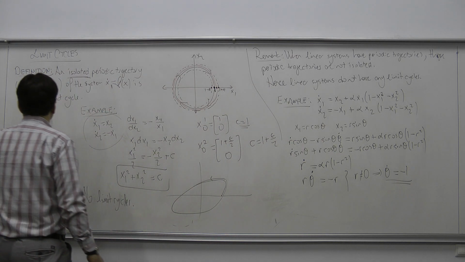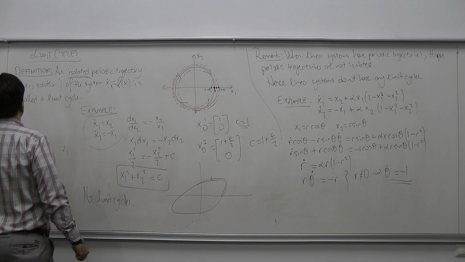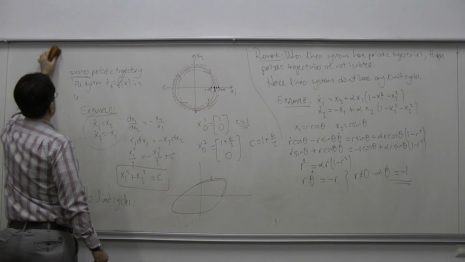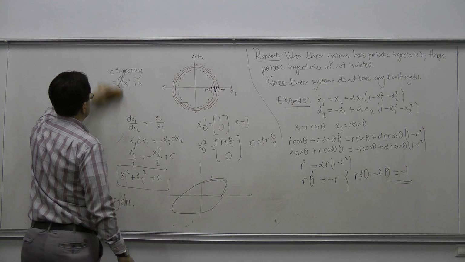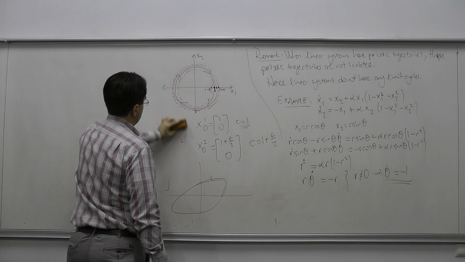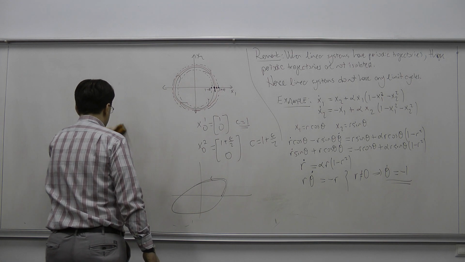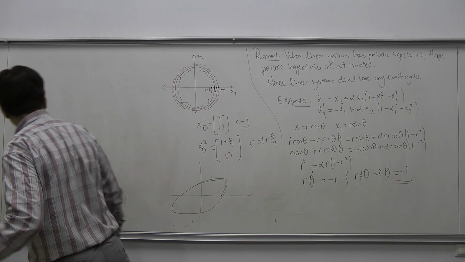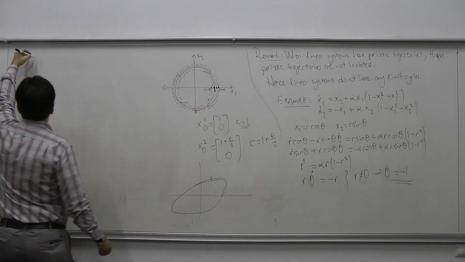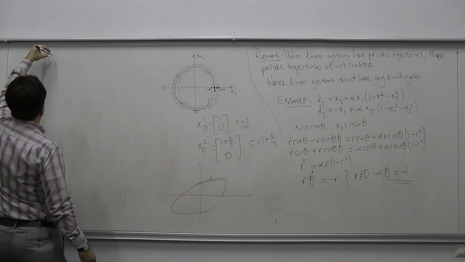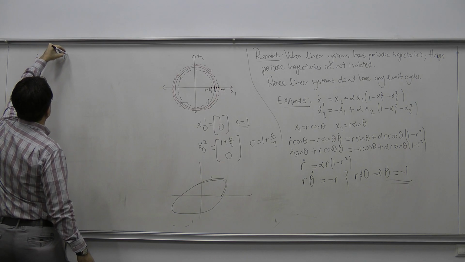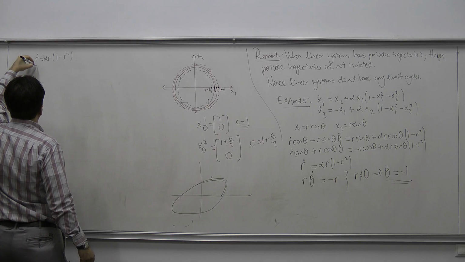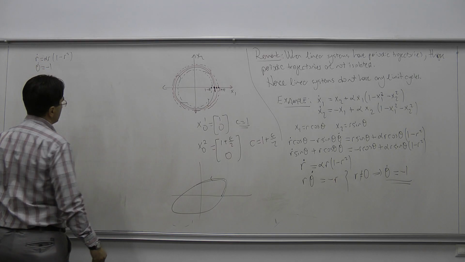So now we are going to try to look at the trajectories of this system. The equations are r dot is equal to alpha r (1 minus r squared), and theta dot is equal to minus 1.